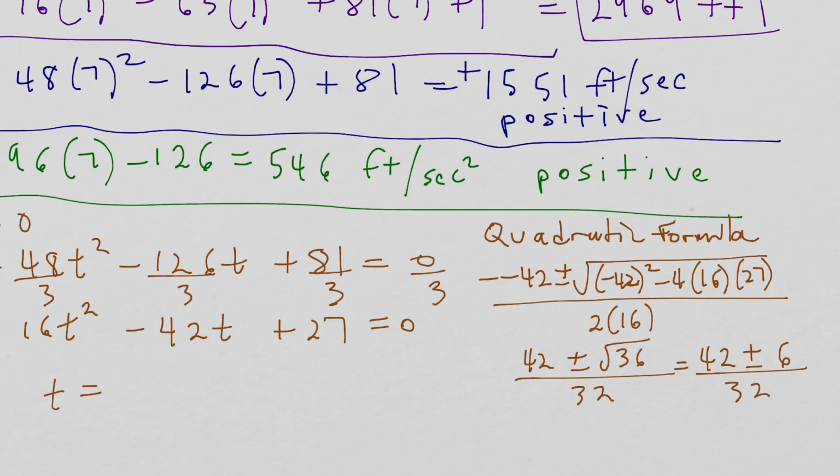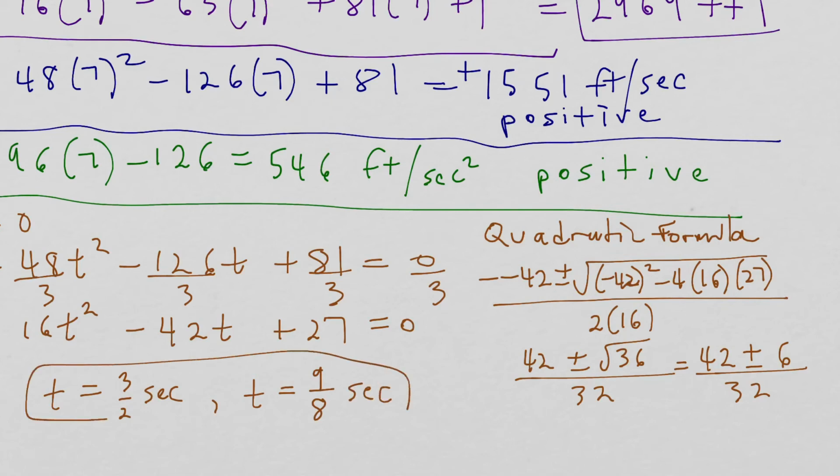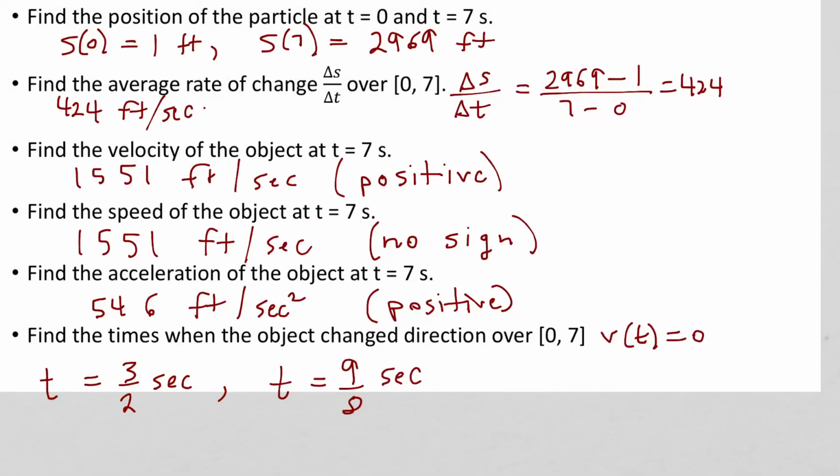The first time comes out to be 3 over 2 seconds. And the second time, where the velocity goes to 0, reducing that, comes out to be 9 over 8 seconds. So there were 2 times where this particle switches directions. Okay, so we're done with this problem. We've answered all of our questions.